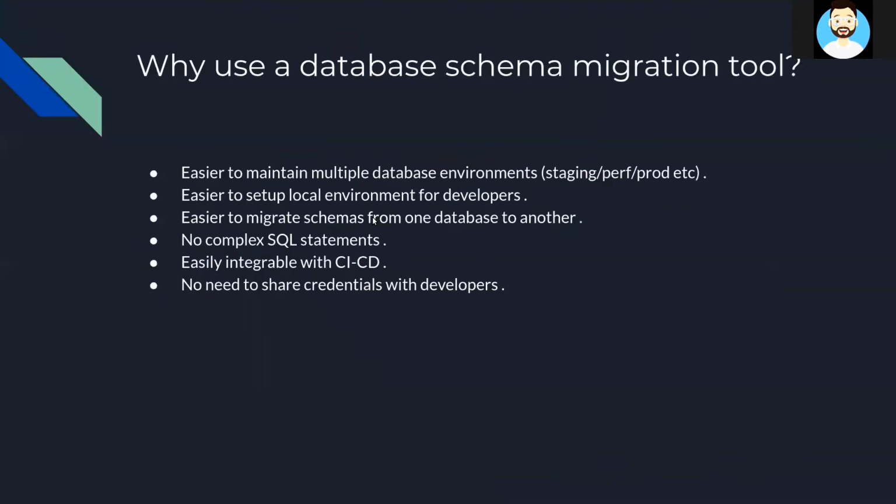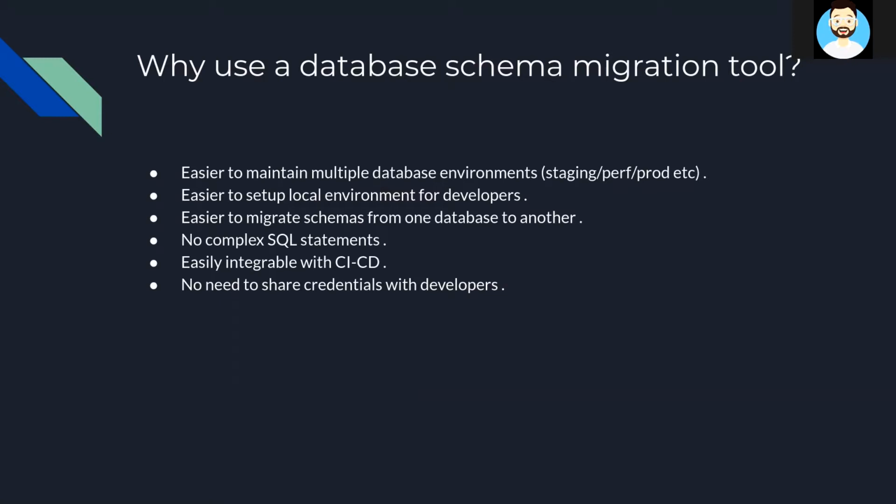Before deep diving into Alembic, let us first understand why we need to use a database schema migration tool. In an industry setup, we generally maintain multiple environments like staging, perf, prod, dev, disaster, whatever might be required. To maintain the same schema in multiple databases, this Alembic database migration tool is super useful.